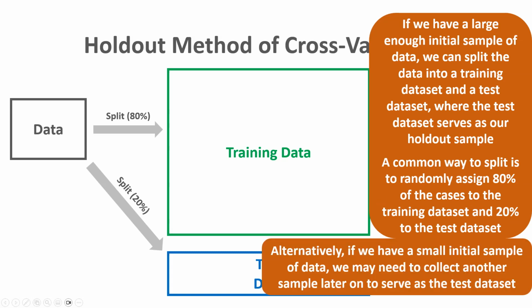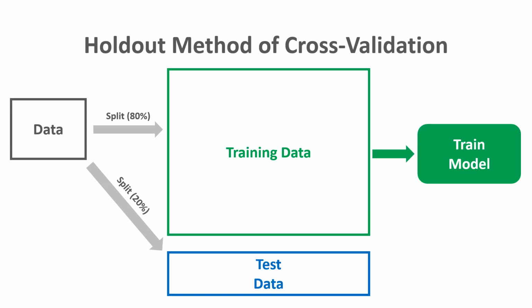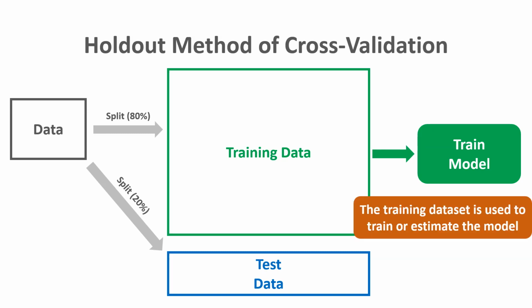Now, alternatively, if we have a smaller sample size of data, we may need to start with our initial data sample, train the model on that sample, and then later on we'll collect more data from the underlying population, and that second sample will serve as our test data set. So after we have split our data, we're ready to train the model on the training data set. The training data set is used to train or to estimate that initial model.